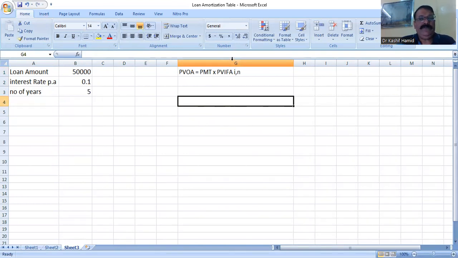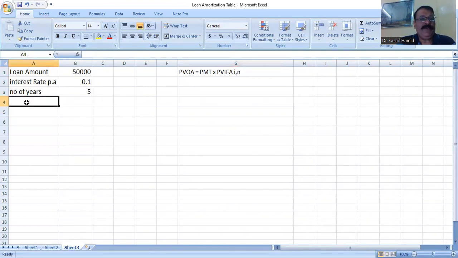So there are two parts. In the first element, we will have to compute the present value interest factor of an annuity for the given interest rate and number of periods.